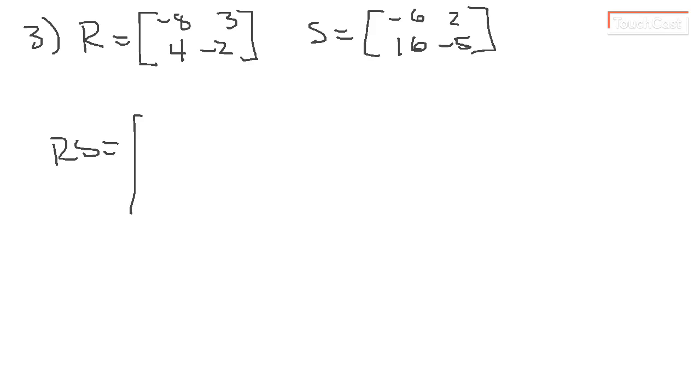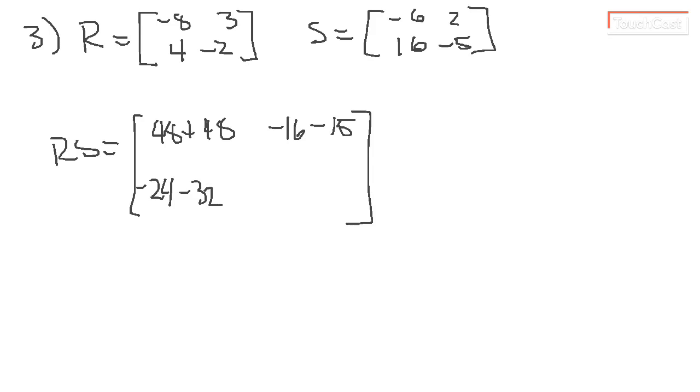So we're going to have -8 times -6 is 48, plus 3 times 16 is also 48. Then we go -8 times 2, so -16 minus 15. Then we go 4 times negative 6, negative 24, minus 32.